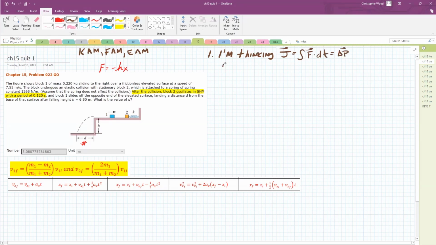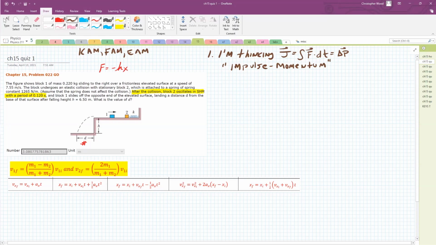Because this is the impulse momentum theorem, and there is a collision going on here. Impulse momentum theorem is what we use to analyze collisions. We had a whole lab on this. And you might say, why don't I just use force analysis? The answer is impulse momentum is more expeditious for a collision compared to force analysis because you typically don't have a force sensor hooked up. Otherwise, you could take that approach. So I'm thinking of this.